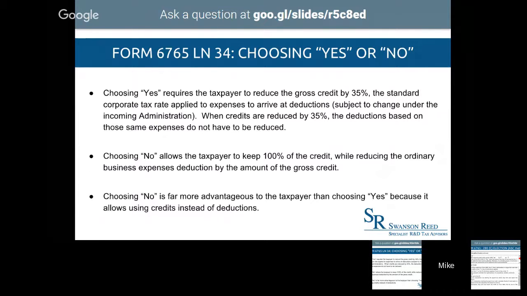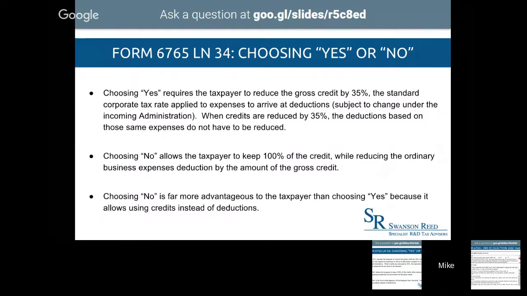And the inverse of 35% is 65%. So they tell you to multiply your R&D credit times 65%, and that eliminates those expenses out of the credit, and you just leave them right over there in your deduction field, an ordinary business expense. And so they're counted as a deduction, but they've been backed out of credit, so you don't have duplication, and the IRS is perfectly happy.